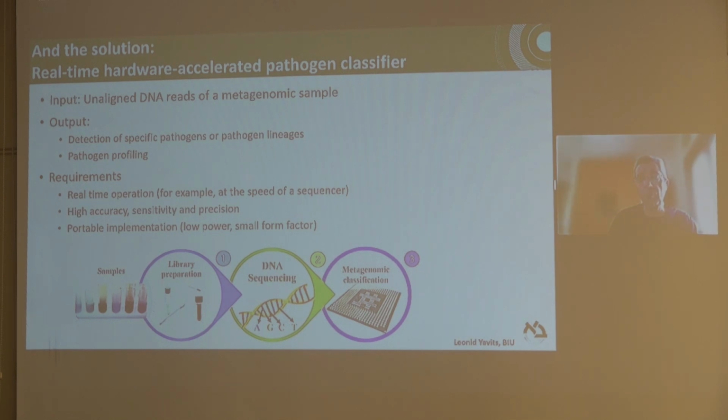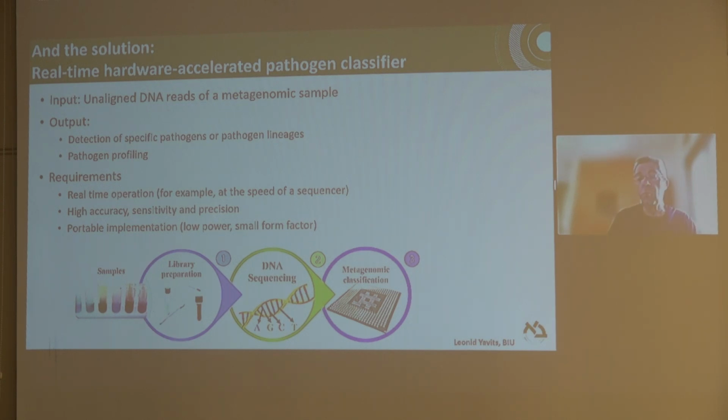And yet the output we want is to first detect the pathogen, the target pathogen that we're looking for, or several target pathogens. We want to classify the pathogens that are found in a sample into existing classes, or to signal that a new variant, for example, of a viral pathogen is discovered.